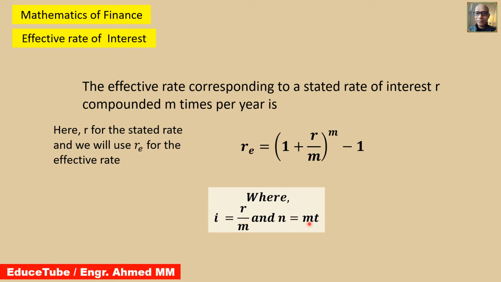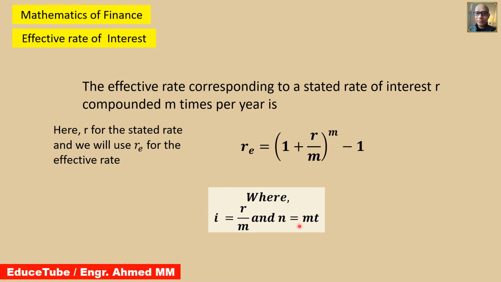And here n equals mt, where m is the number of compounding periods in a year. If it is quarterly, the m value will be 4. If it is for 2 years, it will be 8. How to get that? Per year 4, multiplied by 2 years.